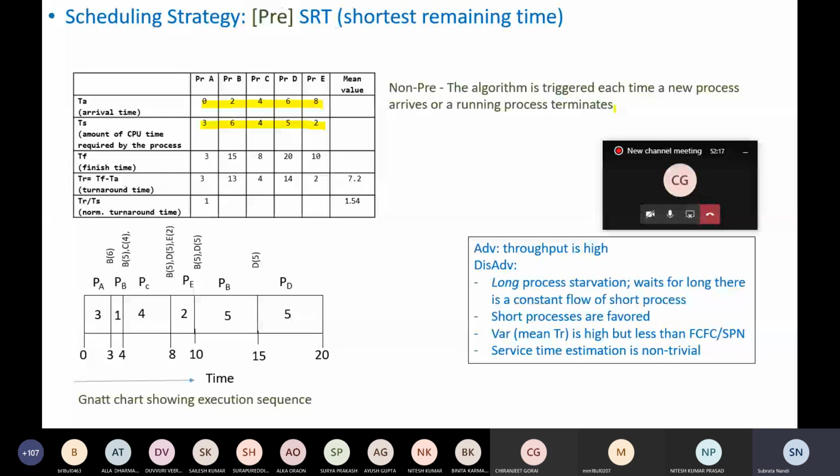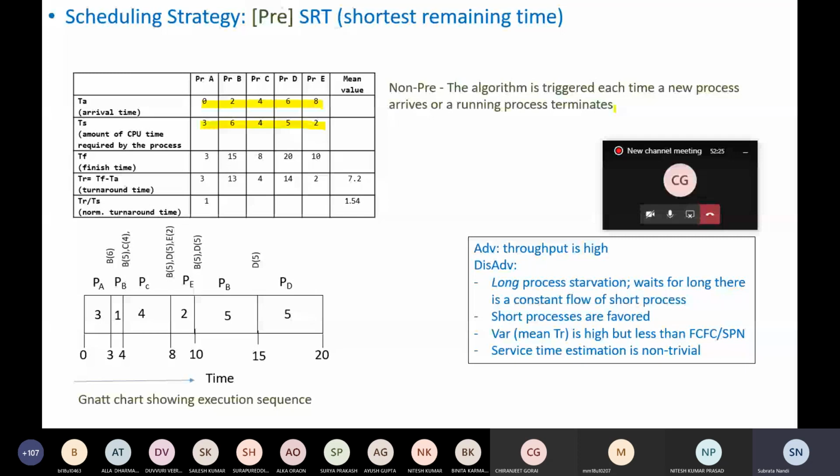So the scheduling algorithm should run, and after running it, you may find that the process which is currently running should continue, because no other process, even the new one that joined, has a service time requirement less than this one, so it will continue. But you should try to find that option.